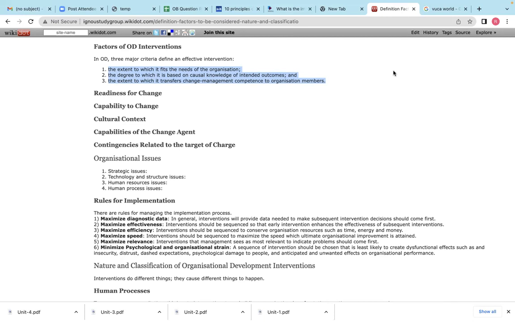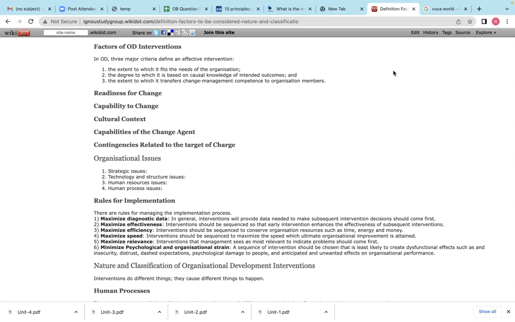So that is the targeted outcome. But in the end, it might not improve the skills. That is a different case. But the extent to which the intervention could be effective is based on your knowledge of the intended outcome.